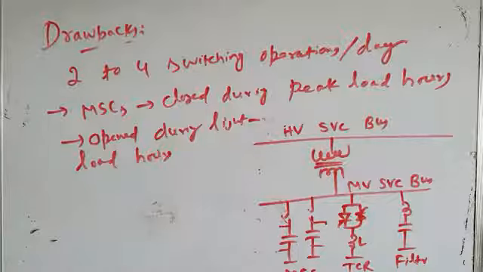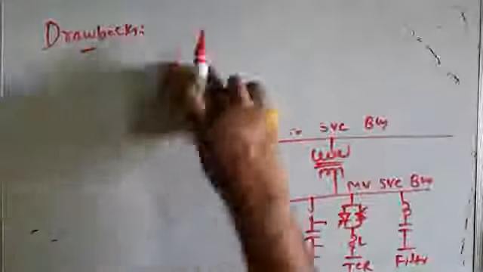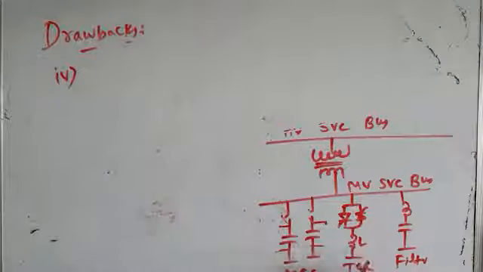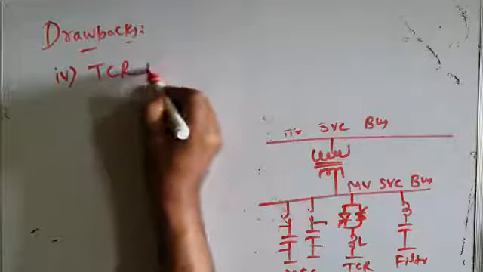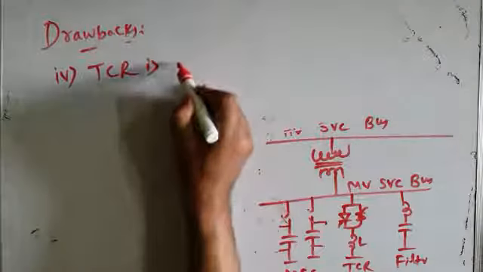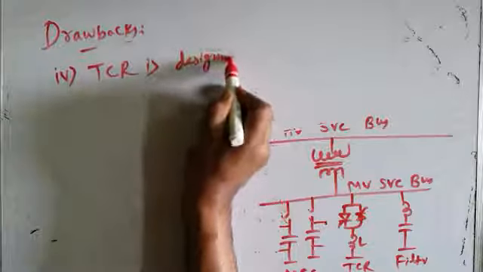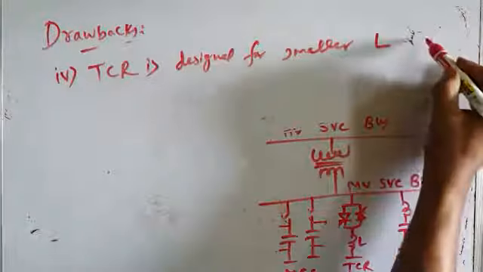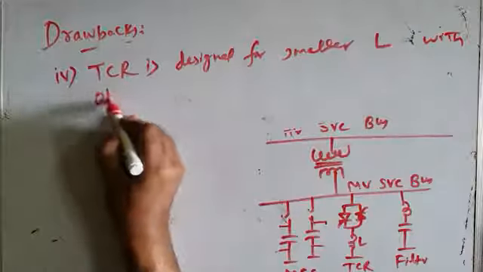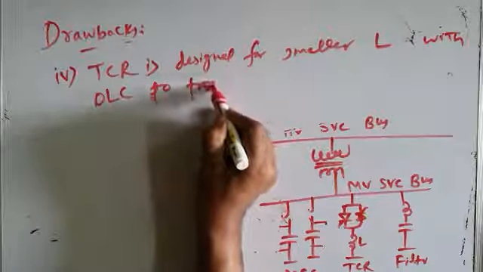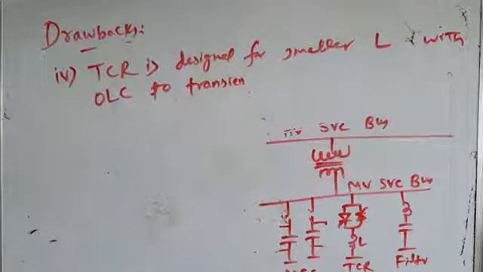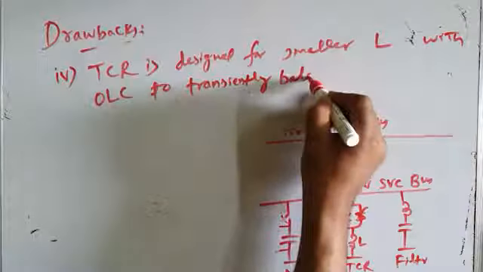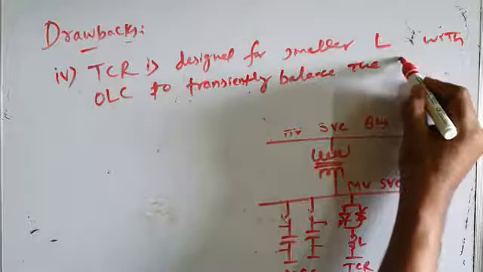Another very important point that you must understand is another drawback as far as the TCR is concerned. In this MSC, TCR, SVC, the TCR is designed for smaller inductance with some overload capacity to transiently balance the capacitive reactive power.